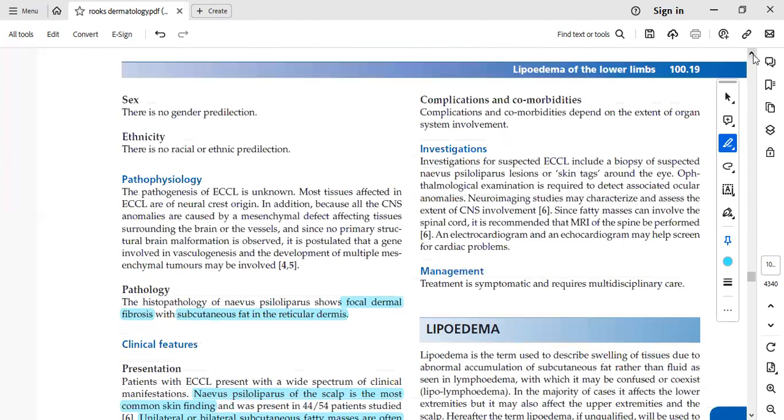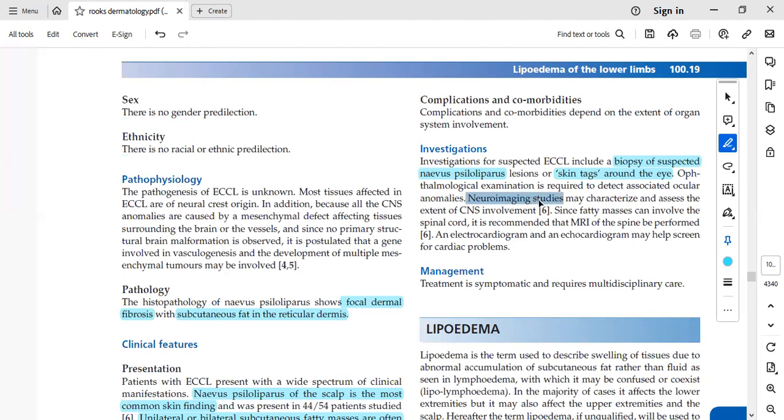The complications of this disease depend on the extent of organ system involvement, and the investigations are biopsy of suspected nevus or skin tags around the eyes, and ophthalmological examination is required to detect the associated ocular anomalies, and neuroimaging studies may characterize and assess the extent of CNS involvement.